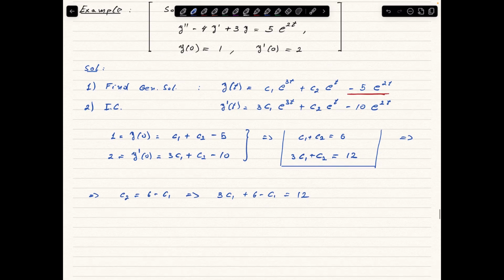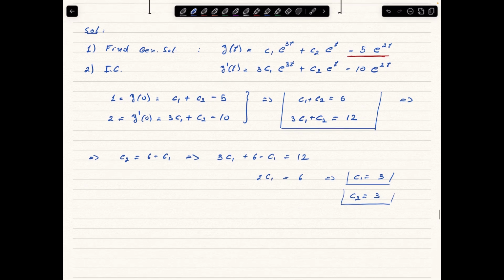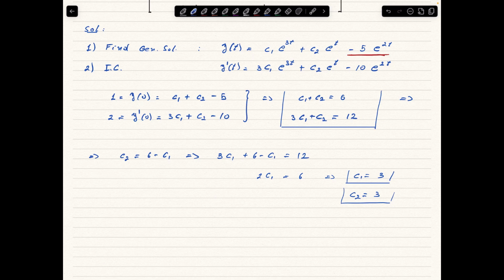So that means 2c1 is equal to 6, which means c1 is 3. And then c2 is 6 minus 3, which is also 3. And that is the solution in this case.